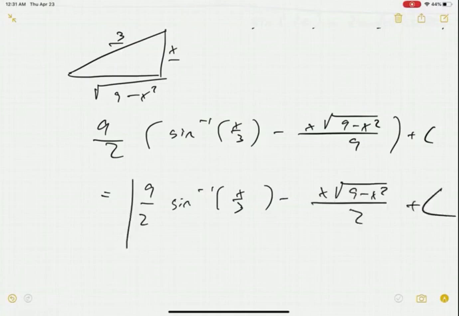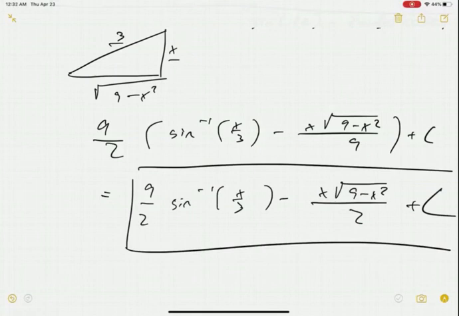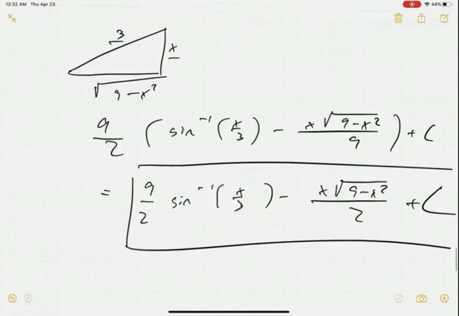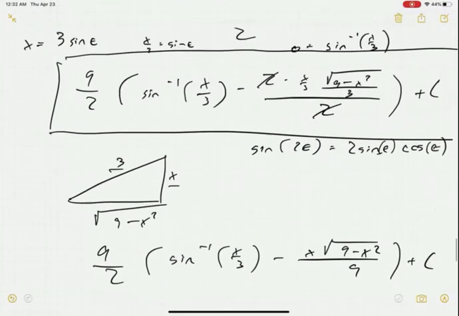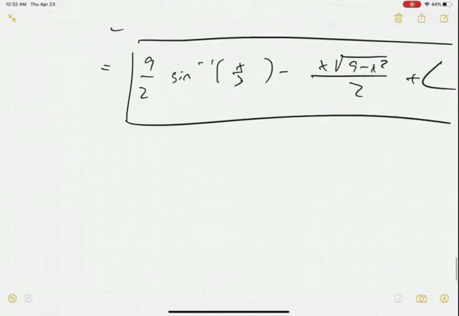And that should be my answer. Again, I might be wrong, it went pretty fast, but that should be it. And the rest are similar. It's just different triangles, different substitutions. So you just have to be able to apply the basic concepts.